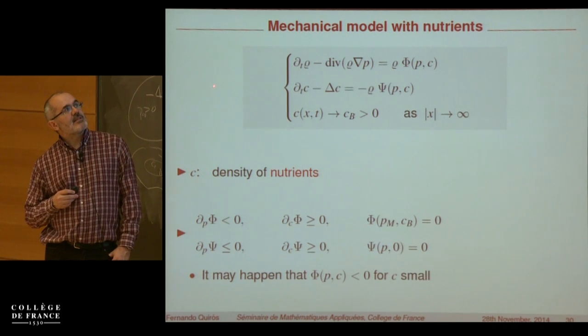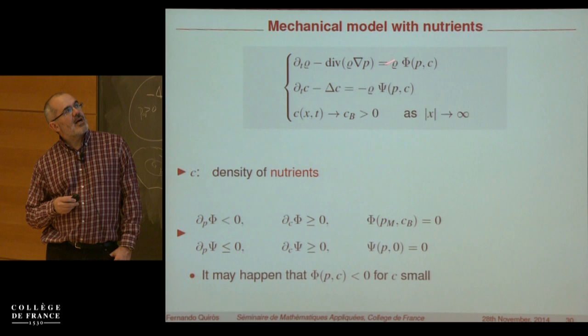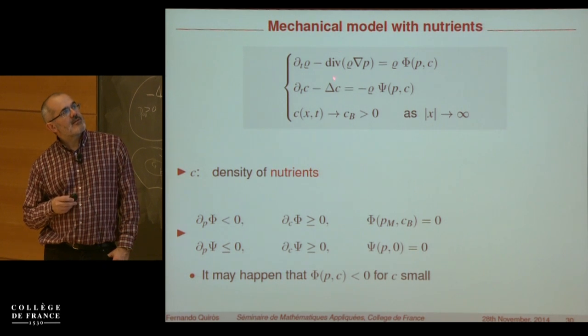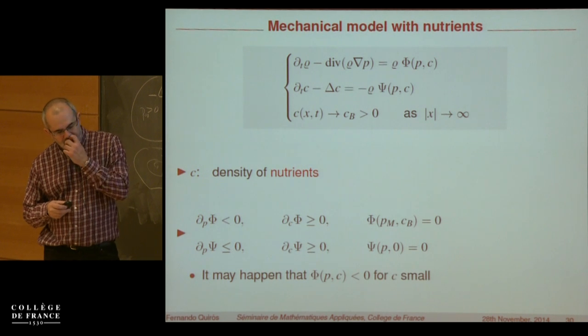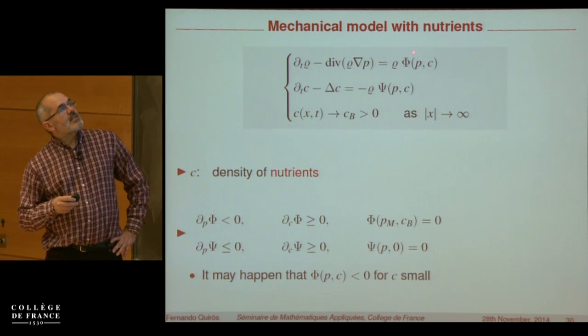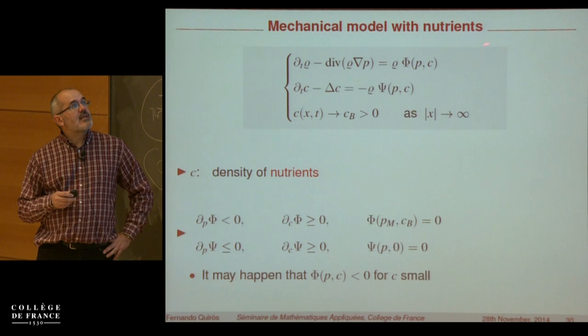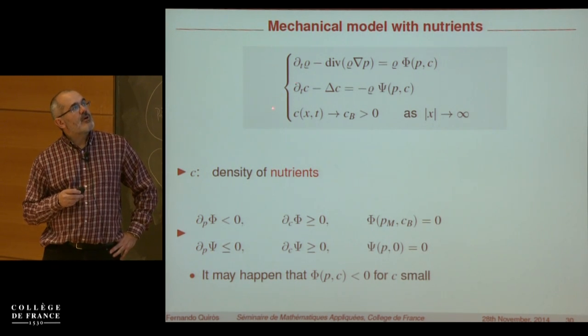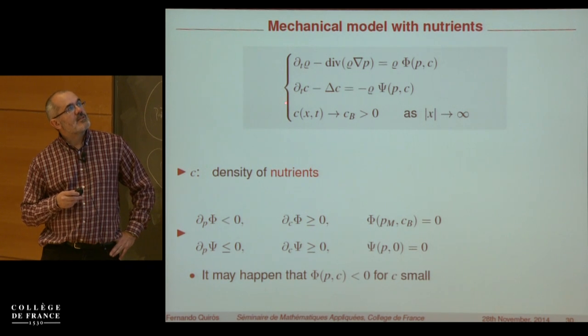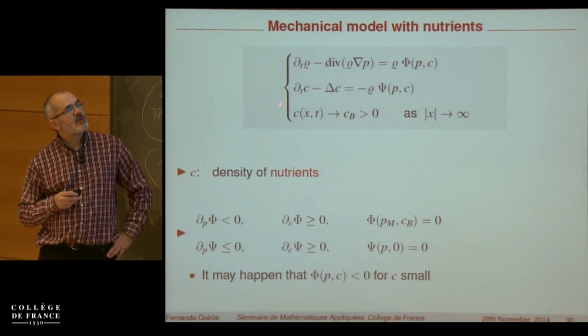You should add nutrients. So you have this mechanical part, and here you have the Lotka-Volterra type term. Now this nonlinearity will depend both on the pressure and the C, which is the density of nutrients, and you have also an equation for the density of nutrients, okay?